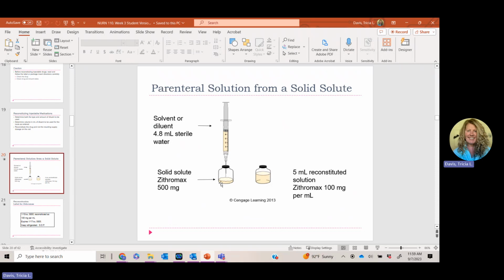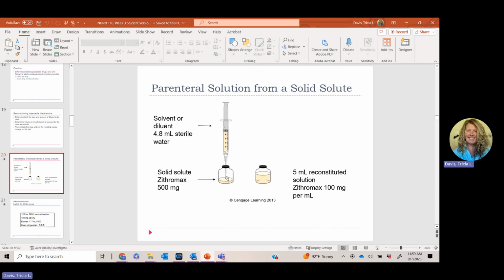So let's talk about this for a second. In this first jar right here at the very bottom, we have this powder. That is the equivalent of 500 milligrams of Zithromax, okay? We're going to add 4.8 mLs of water. Now we have a lot of volume here.